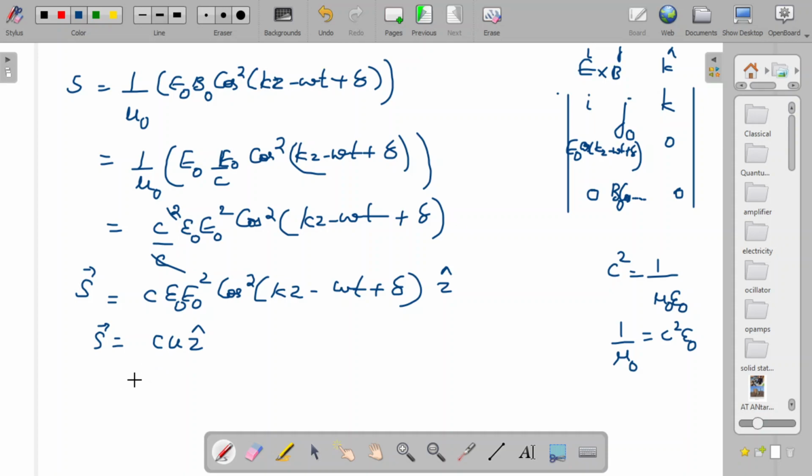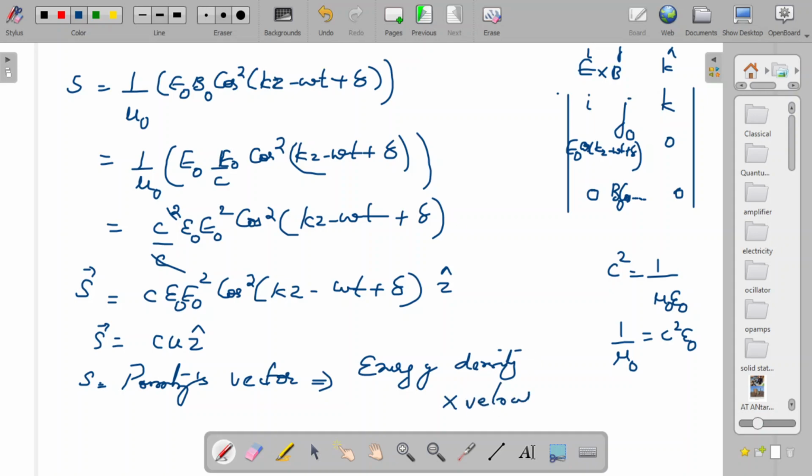So what is S? The Poynting vector S is actually energy density times velocity. This U is energy density, right? So that you have to remember, S is equal to C into U. That is energy density times velocity is actually the Poynting vector.